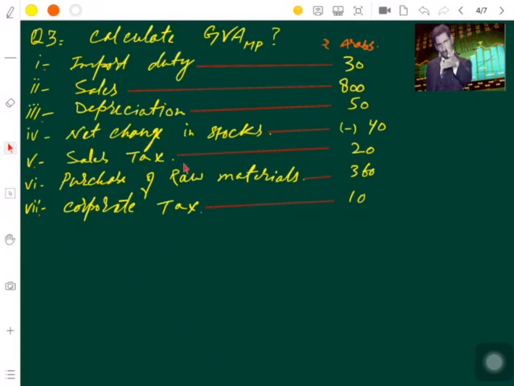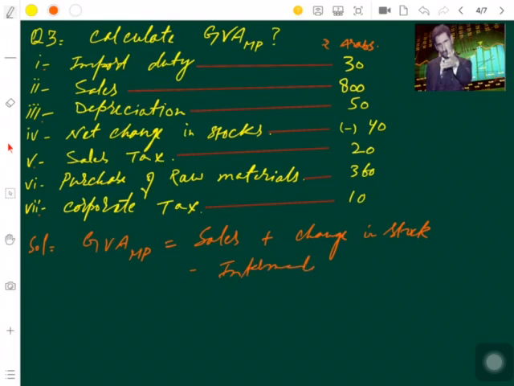So looking into all these components, what comes to our mind first is that the question is asking for gross value added at market price. From the previous formulas, we know it is equal to sales plus change in stock minus intermediate consumption.